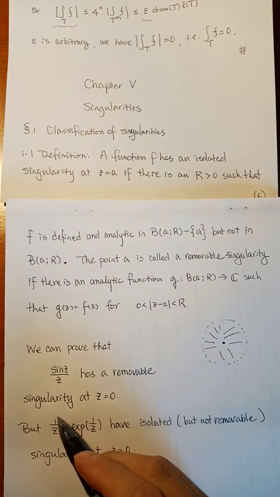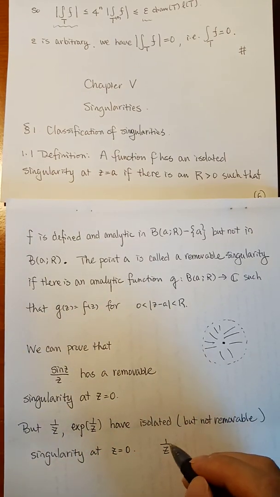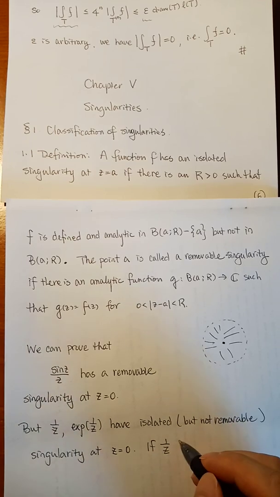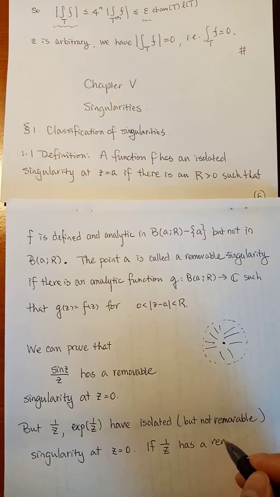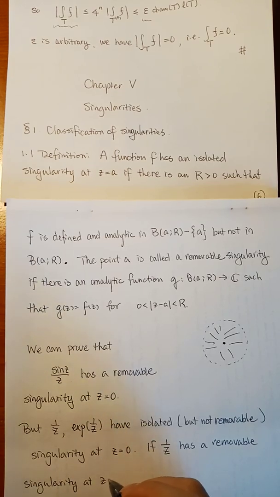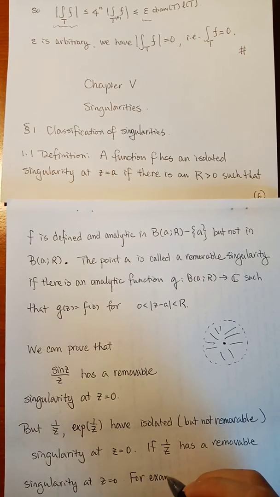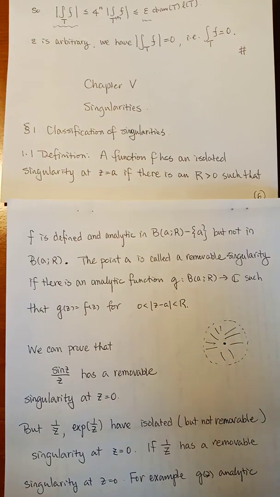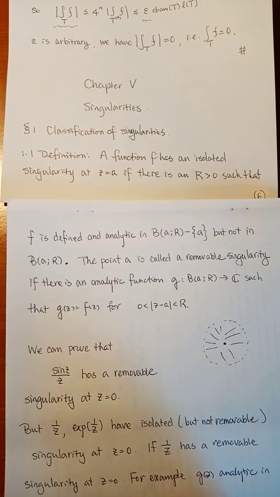The proof is simple. If it has a removable singularity at z equal to 0, then there is a g analytic in the disk B(0,1) with g(z) equal to 1 over z if z is not equal to 0.